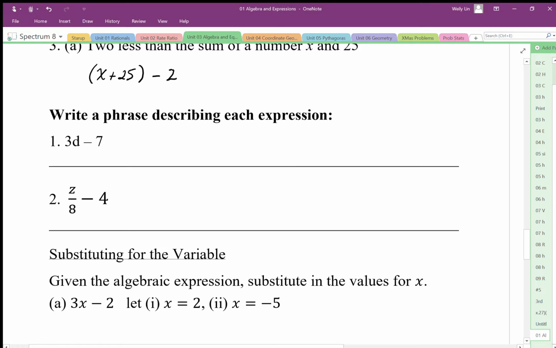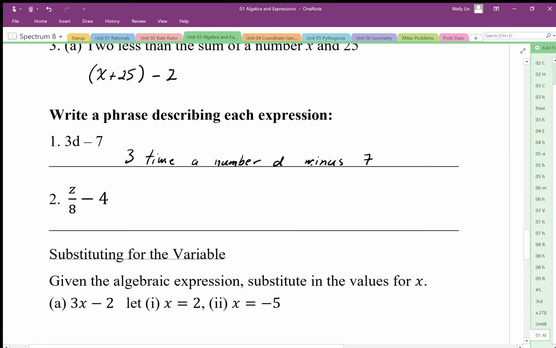So these ones here, the expression to the phrase, well, we have 3 times a number, call that number D, minus or less 7.